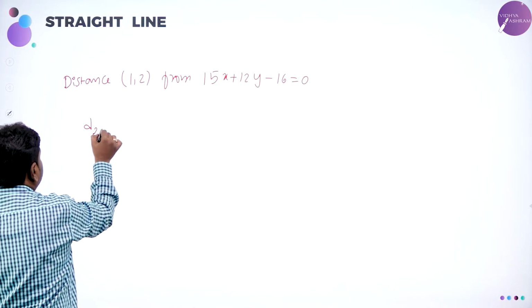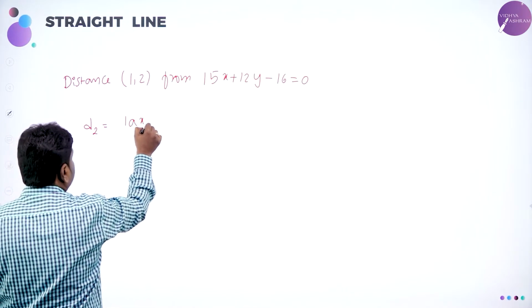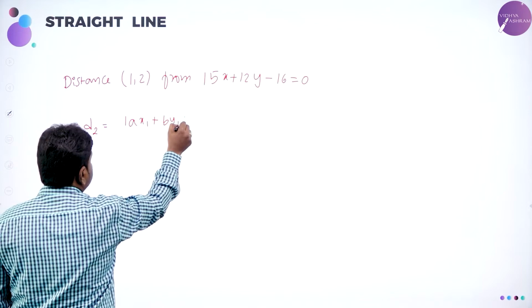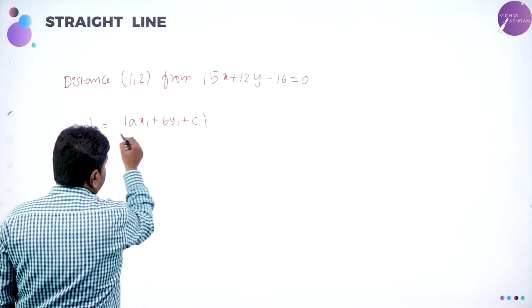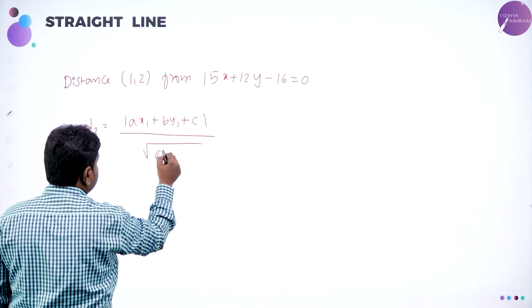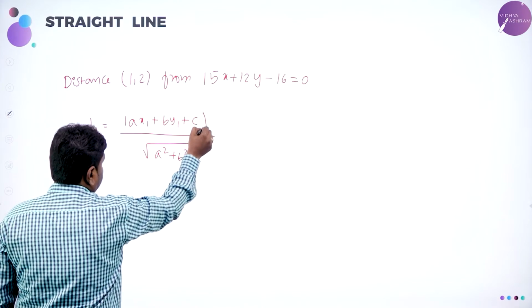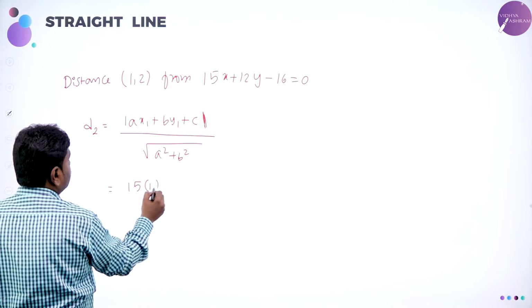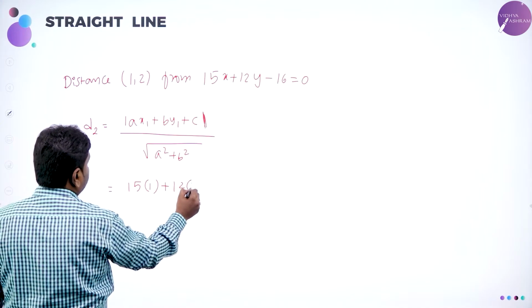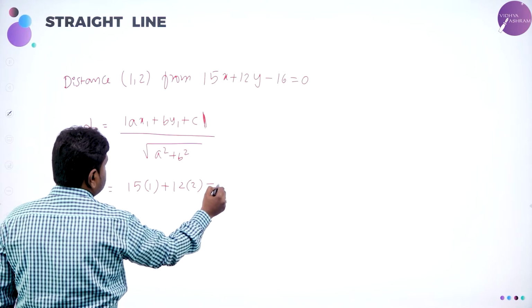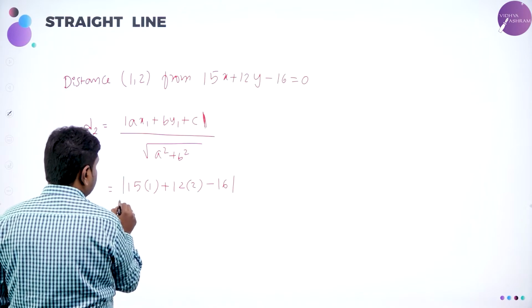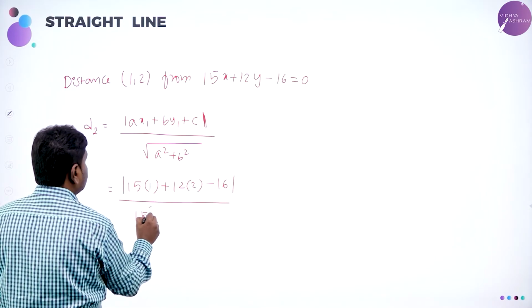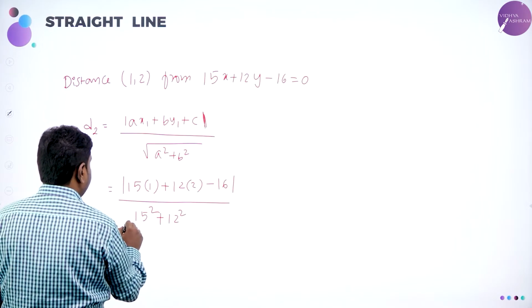So I use the term D2. D2 is modulus of ax1 plus by1 plus c divided by root of a square plus b square. So a is 5, x1 is 1, plus b is 12, y1 is 2, plus c, which is minus 16, divided by root of 5 square plus 12 square.